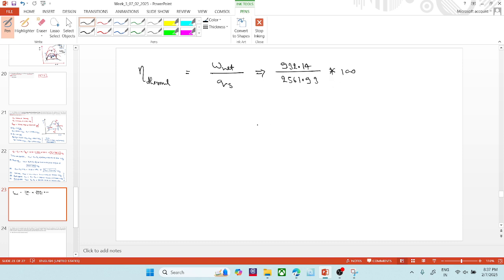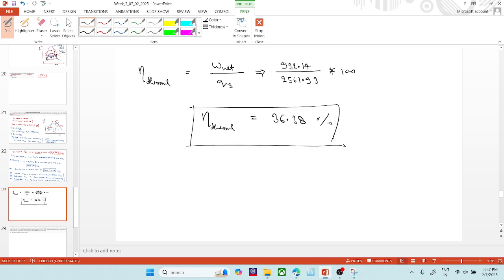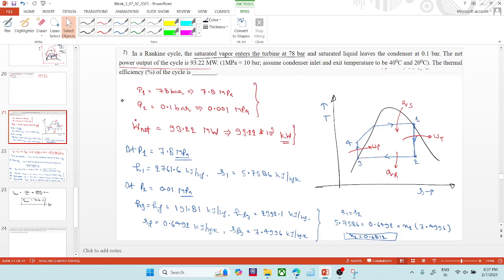I'll multiply it by 100 to convert into percentage. Thermal efficiency will come around 36.38%. So this would be the answer of this particular subsection.